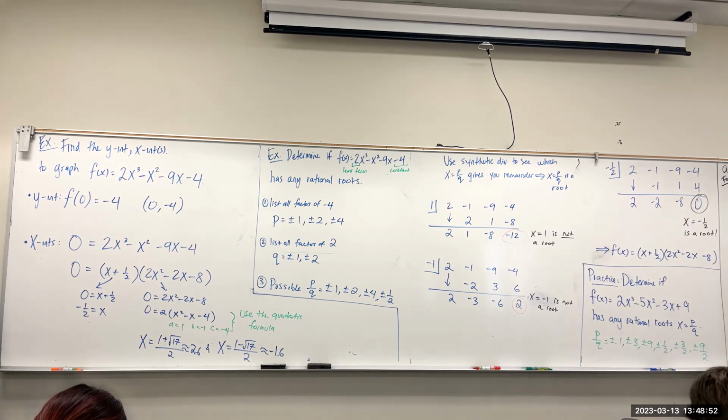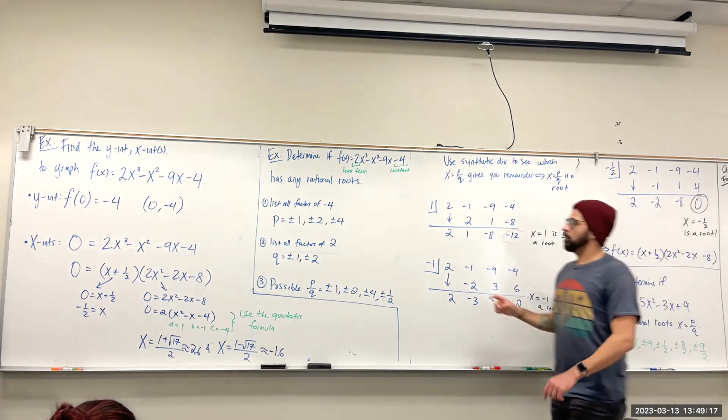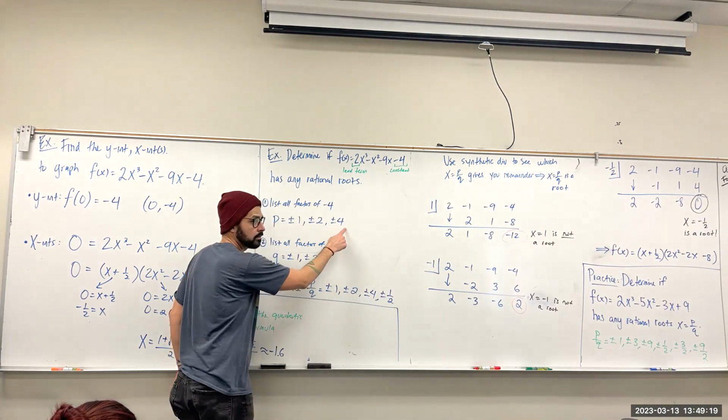So what do you do after that? You don't know yet? Right now, you're just listing this first part. This first part just lists all the possible p's.